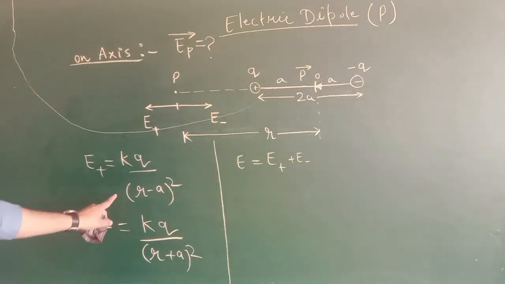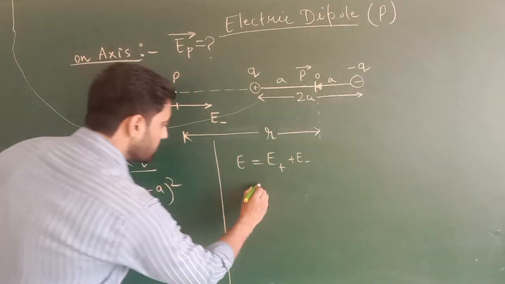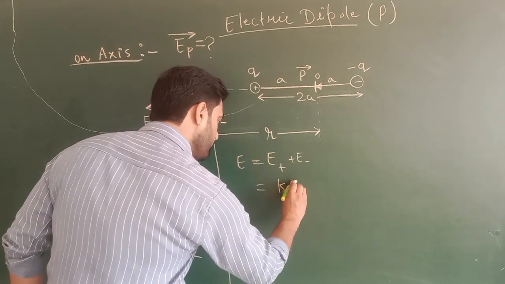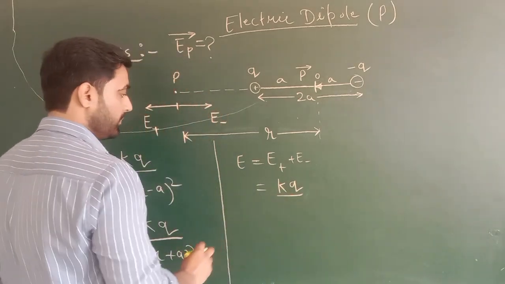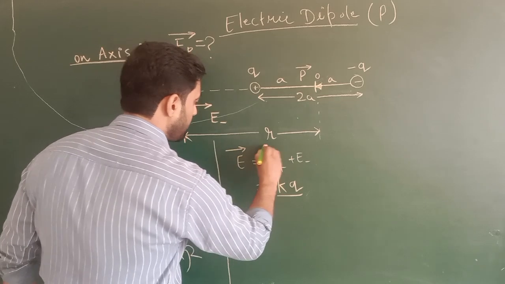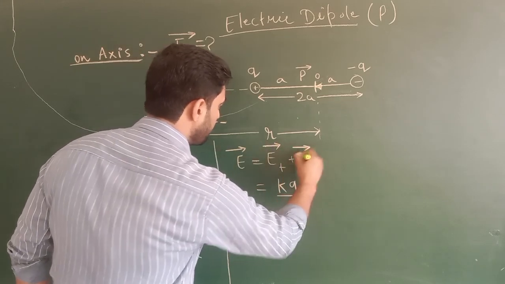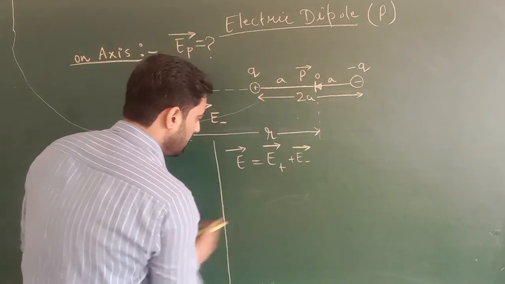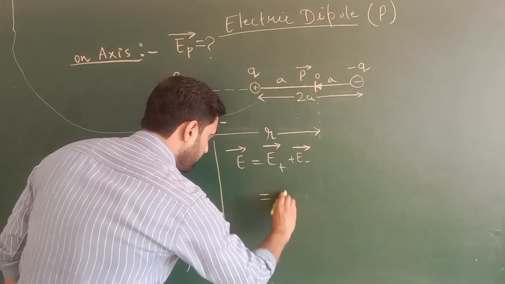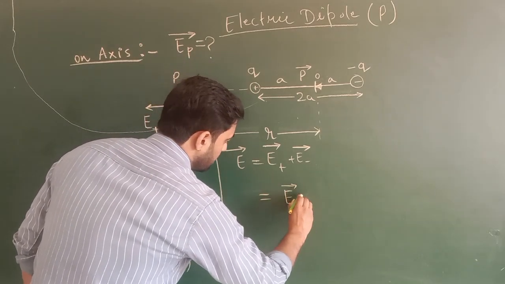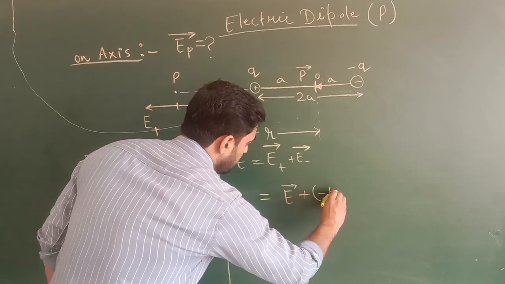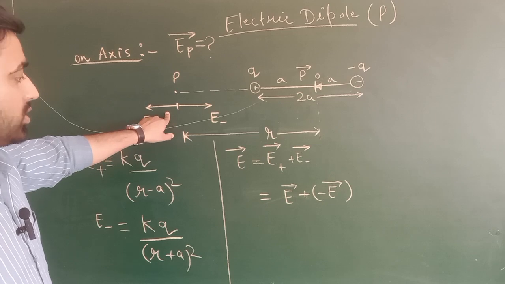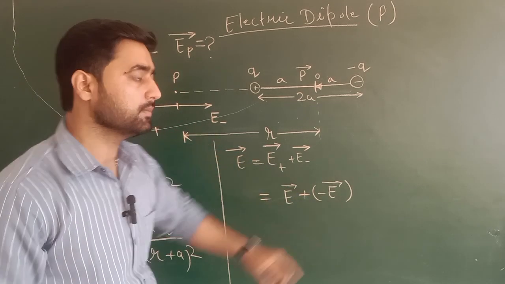Let's substitute the values of E plus and E minus. So that will be E plus E minus, and as they are opposite in direction, I am writing minus.